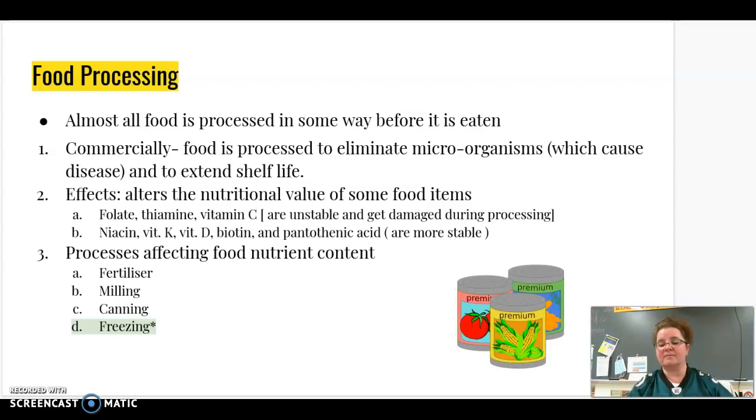Next one is milling. Cereal is made from wheat, and when it's ground off of the fibrous husks, the husks contain most of the plant's dietary fiber. So it's got B group vitamins, it's got phytochemicals, and it's got some minerals. So when that product is milled, it loses all that nourishment.